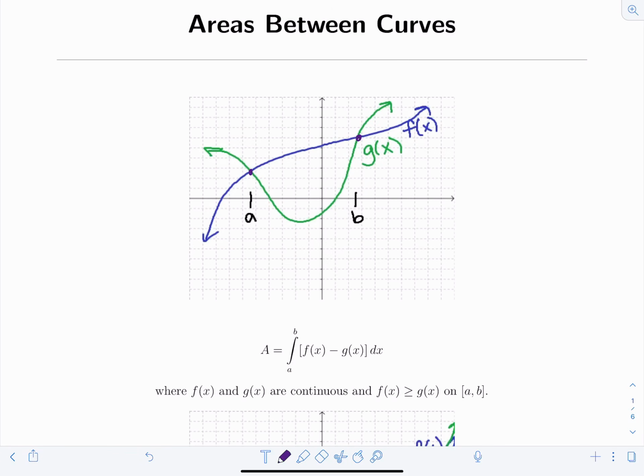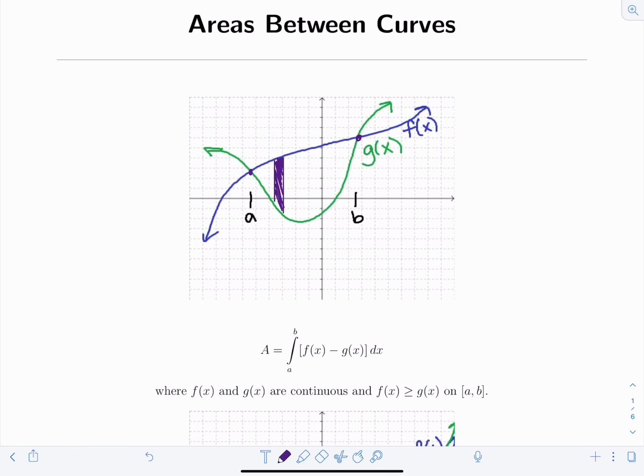Okay, well, remember when we started the process of finding the area underneath the curve, we first estimated the area by using rectangles. And the thought process with how we find area between curves is very similar. So imagine if we were to take a bunch of rectangles and approximate the area underneath the curve.